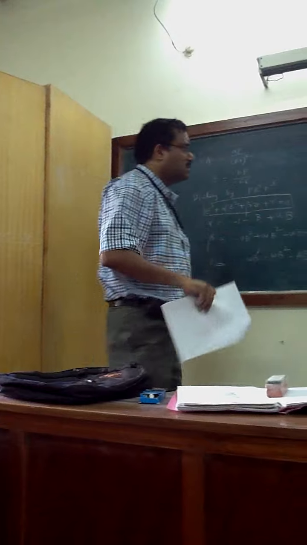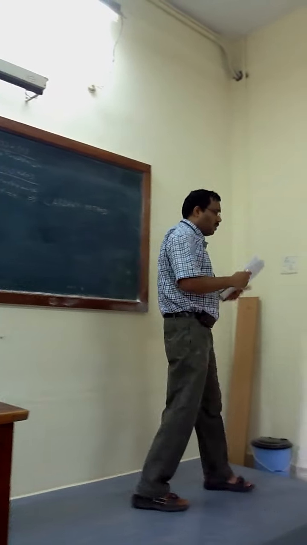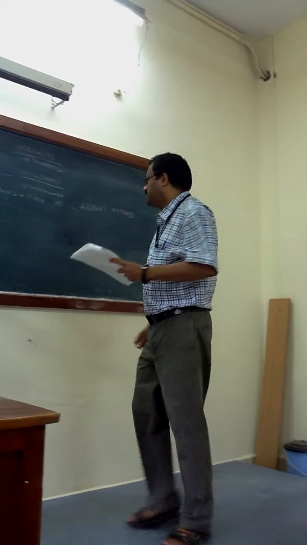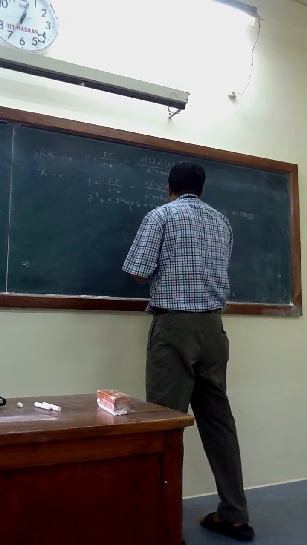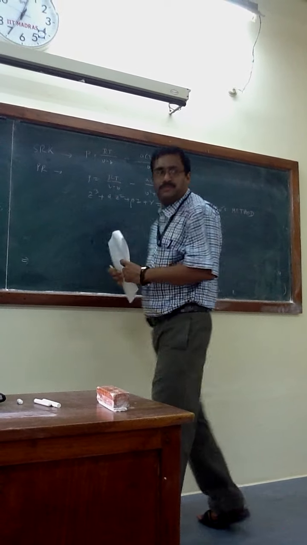This equation, if you take it as such, is very difficult to solve analytically. So what we will do, we will define z equals to x minus alpha by 3, right?